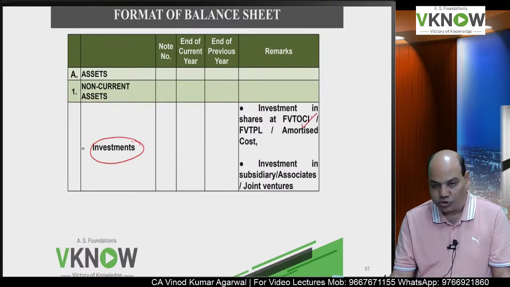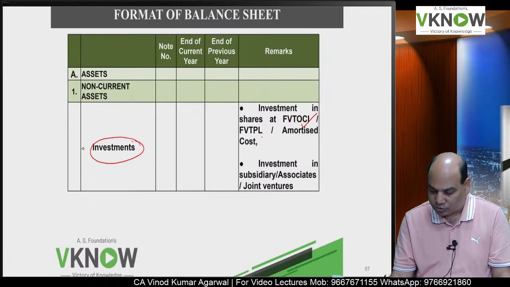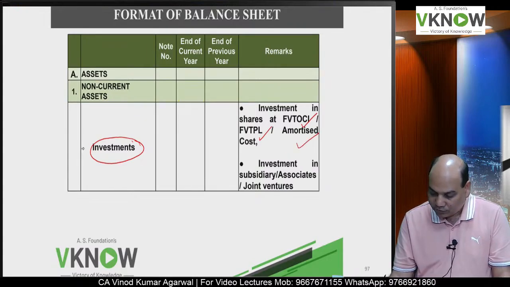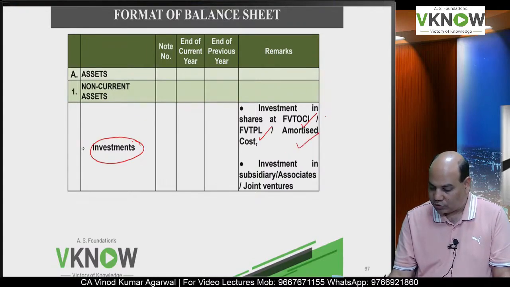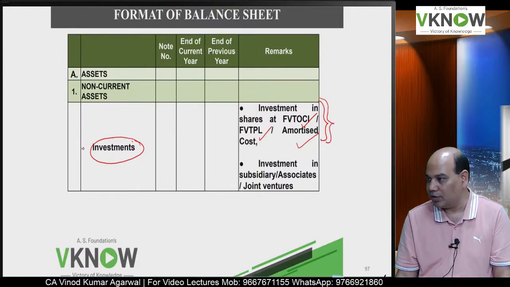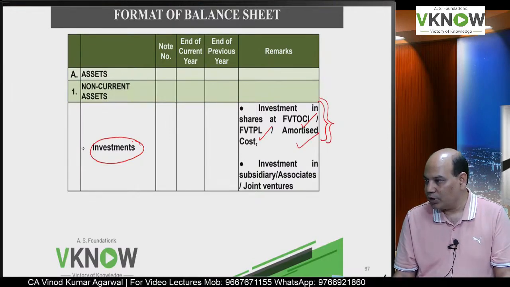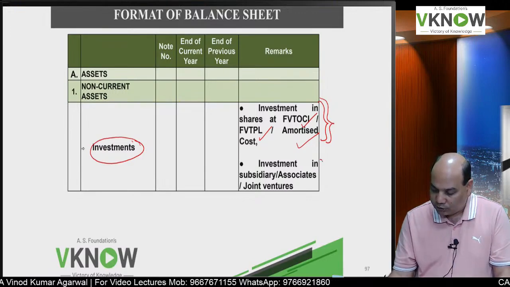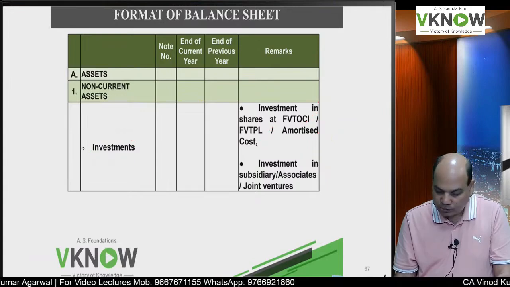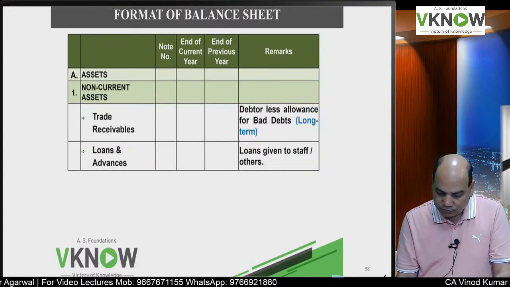Investment in FVT OCI instrument separately disclosed. Investment in FVT PL. Investment at amortized cost. These are the three categories of financial asset as per Ind AS. FVT PL, FVT OCI and amortized cost. Similarly, if you have investment in subsidiary, associate, joint venture, it will be disclosed separately.